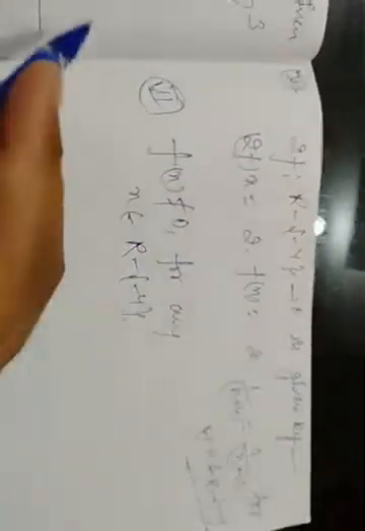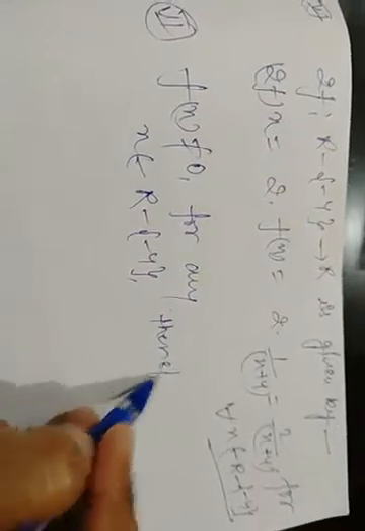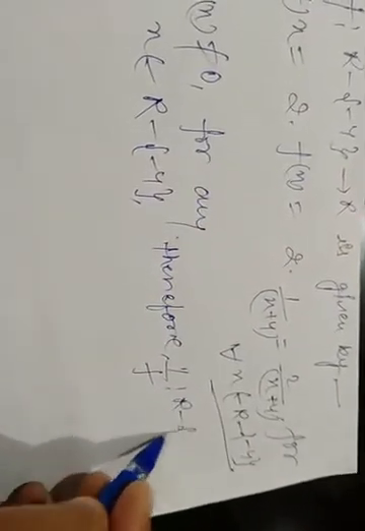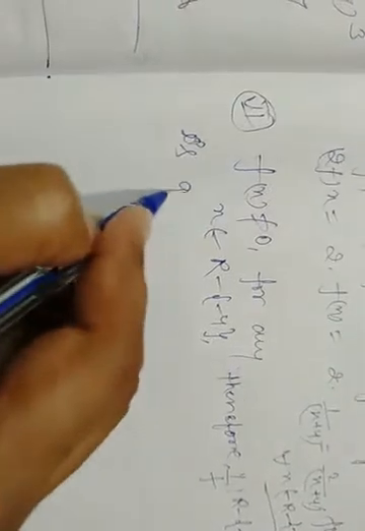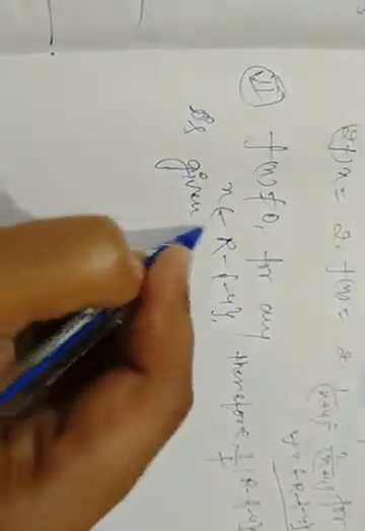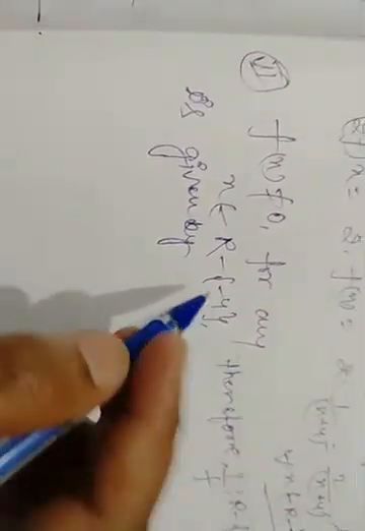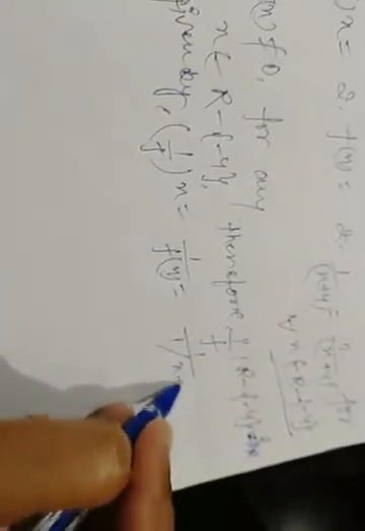Therefore 1 upon f such that R minus {-4} tends to R is given by 1 by f of x, which is 1 upon 1 upon x plus 4.